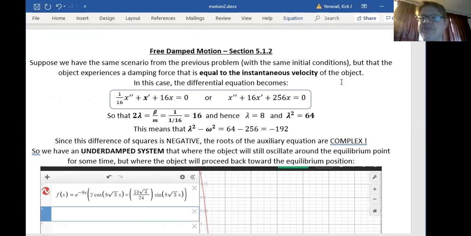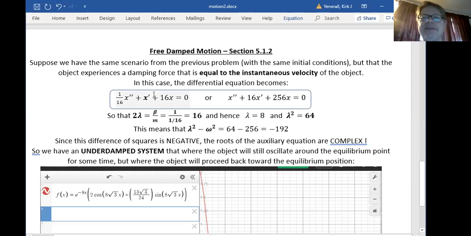Some of the exercises in your book will say things like the damping force is proportional to 3 times the instantaneous velocity, or half of the instantaneous velocity. Here we're going to take it to be exactly equal to the instantaneous velocity. So our beta is going to be 1 here.